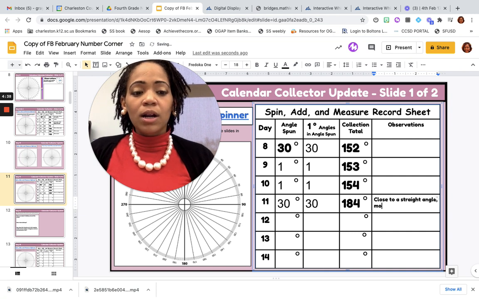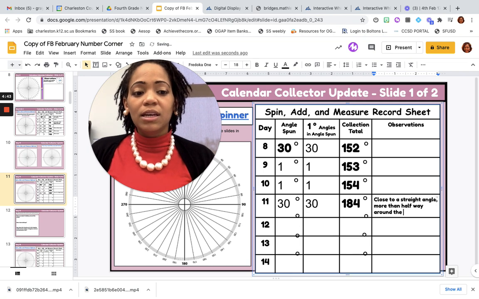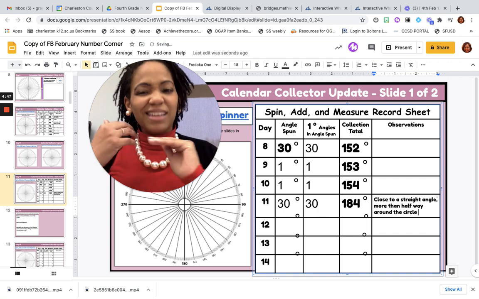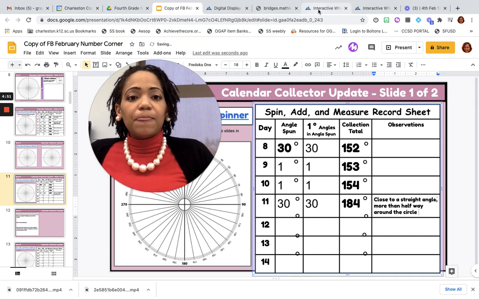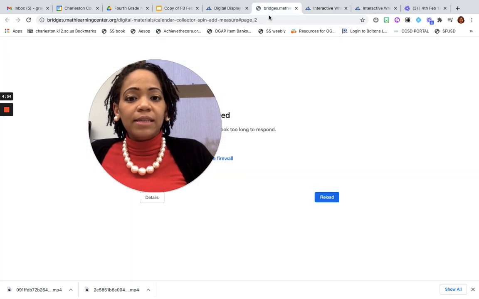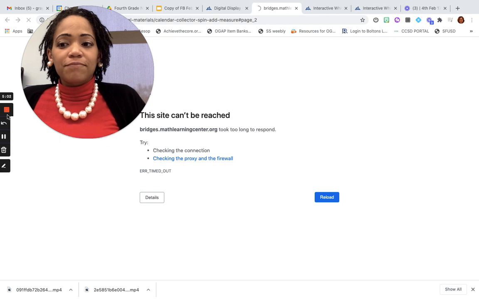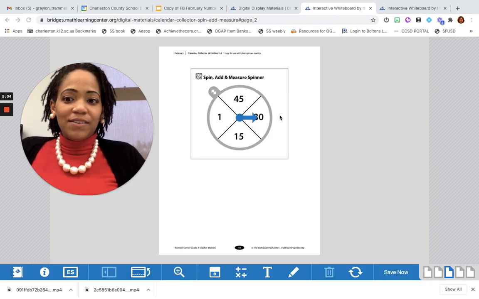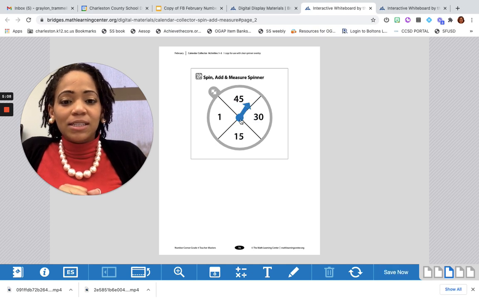And it's more than halfway around the circle, because we know 180 degrees is halfway around our circle here. Okay, so let's look at our collector. Let's see what we're adding today. I hope my computer wants to cooperate. Finally. Okay, let's spin and see what we get today.